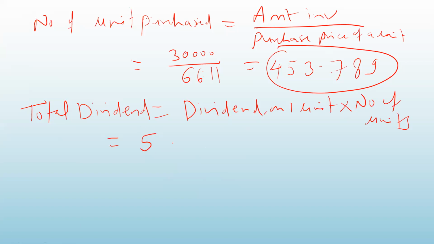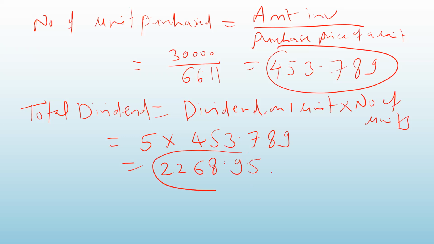So 5 rupees is the dividend on 1 unit and the number of units is 453.789. When you multiply this, 453.789 multiplied by 5, we get 2268.945. So this is the dividend.